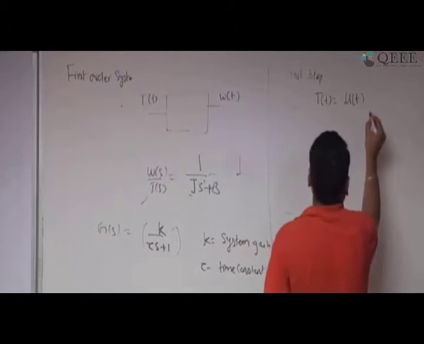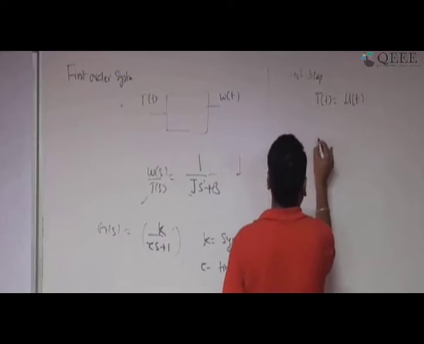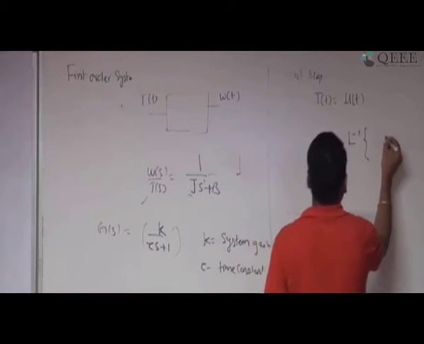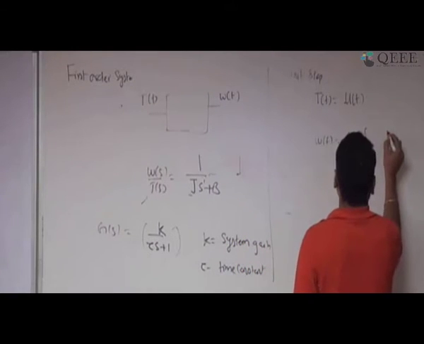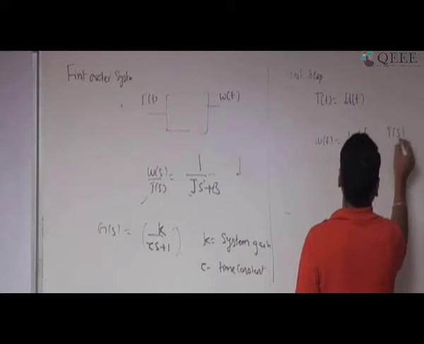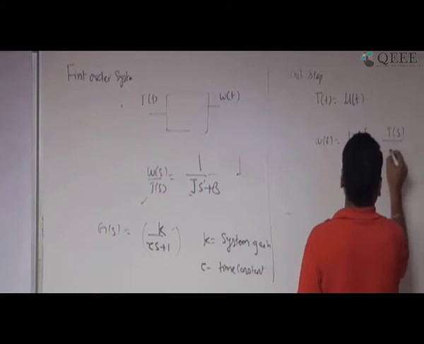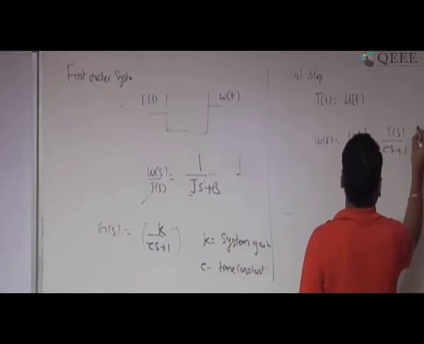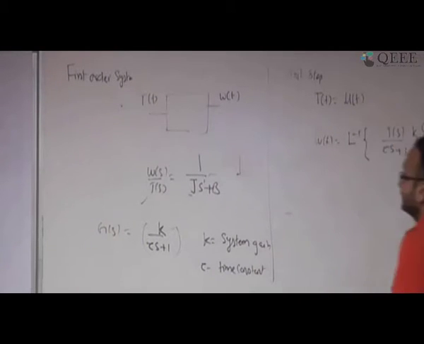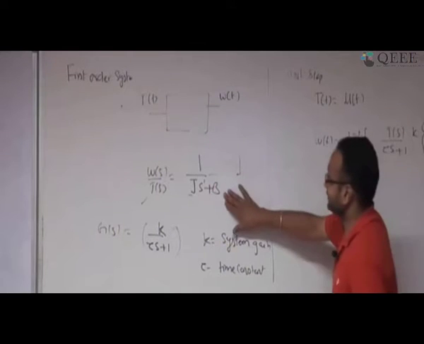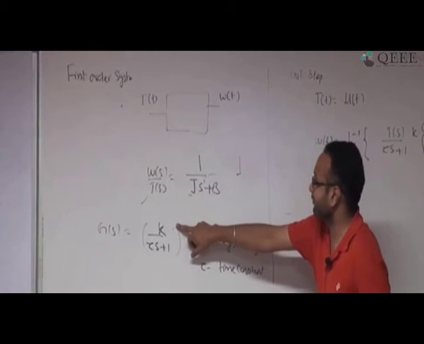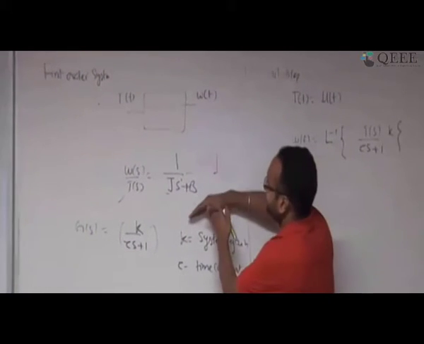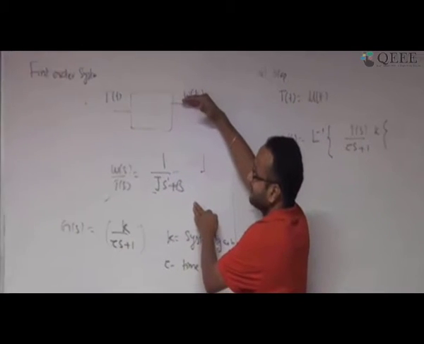So omega(t) is the inverse Laplace transform of T(s) divided by tau s plus 1, times k, correct. Now I am not using Js plus b; you can find that k is 1 by J, and tau is J by B. From here onwards we will leave aside whether this is a mechanical or electrical system.